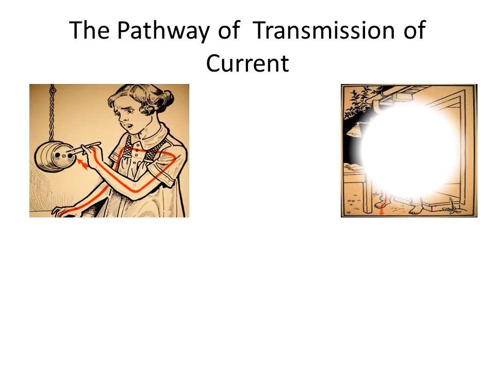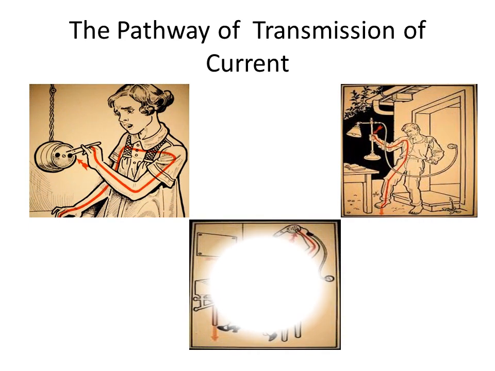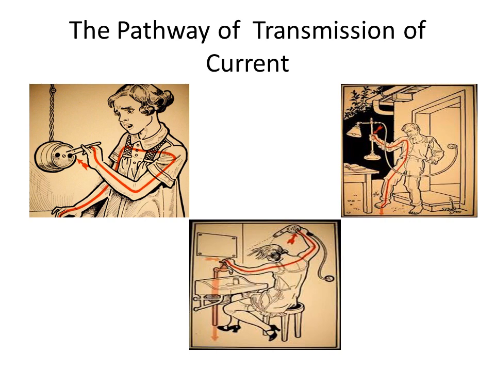Another important thing that I will try to explain is the pathway of transmission of current and how it is related to the death of a patient. I will show you three pictures. I think you can understand the direction of the flow of the current that is depicted in red in most of the pictures.